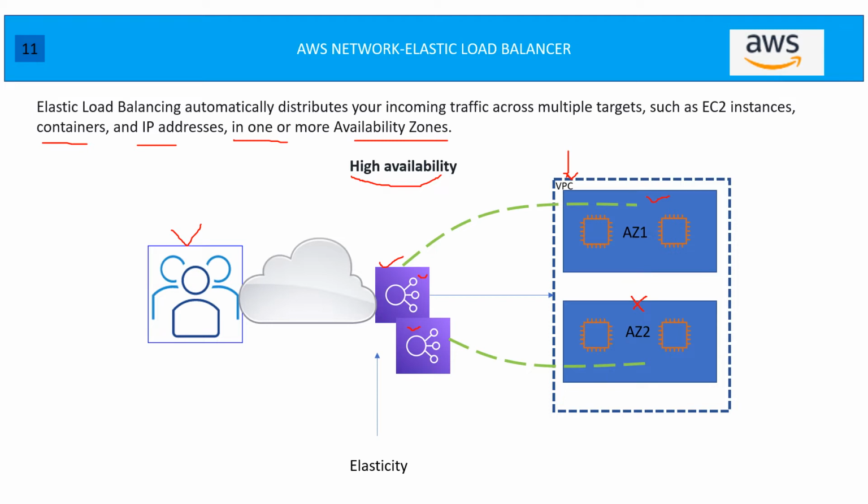Similarly, if I have AZ3, the third availability zone, and I choose it while creating the load balancer, it is going to spin one more load balancer instance which will be tied up with this.